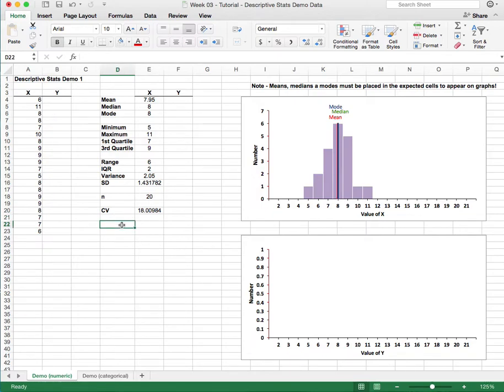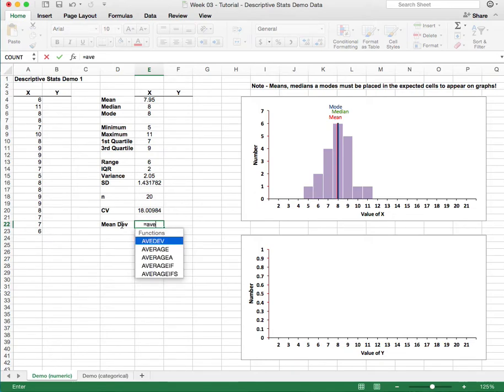Another one that is used far less often is called mean deviation. So mean deviation, the equation for that, remember, because Excel doesn't have a mean function, the formula to get the mean is average. So it's actually, you start typing average, so AVEDEV gets us the mean deviation.